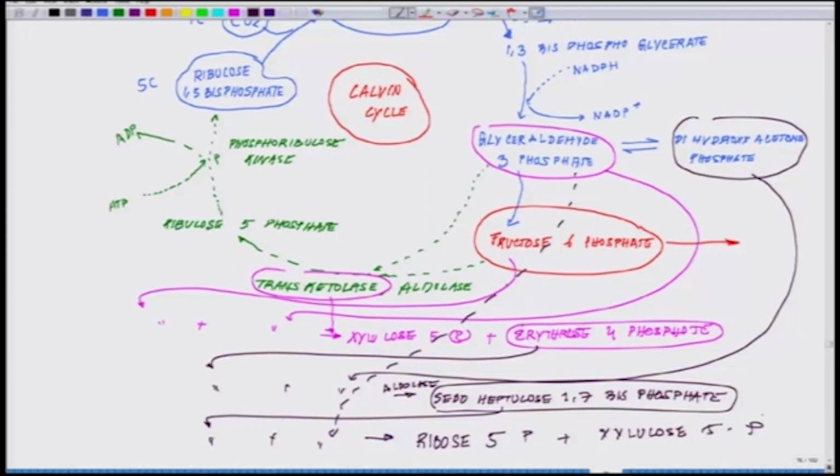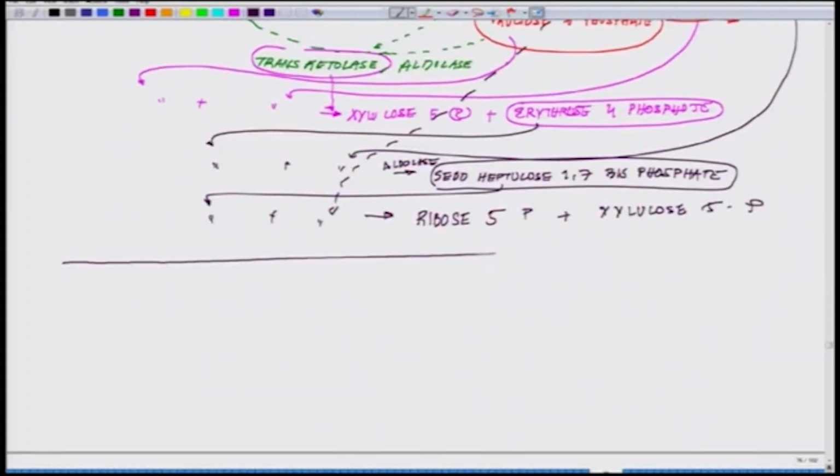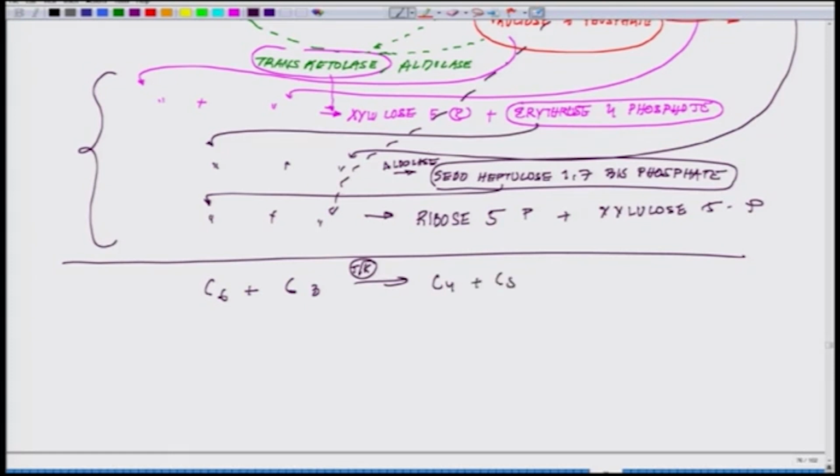So, in other words, if I had to summarize these three reactions: C6 plus C3, in the presence of transketolase, TK, gives C4 plus C5. Then the C4 chain adds up with another C3 in the presence of aldolase, A, and you get a C7, 4 plus 3. Then you take this C7 plus another C3 in the presence of transketolase, Tk, and what you get is a C5 plus C5.